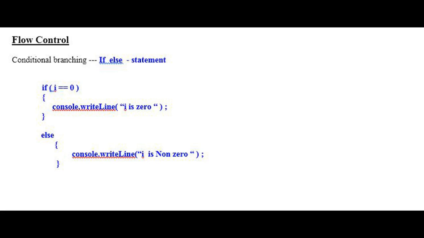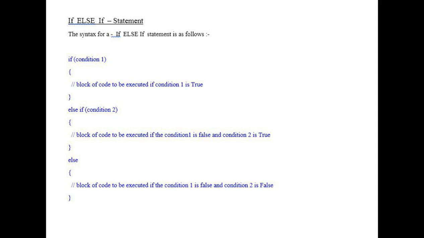C# also allows us to specify a new condition in an if statement. If the first condition of the statement is false, we can use the keywords else if to specify a second condition, or even a third or fourth. Let me just bring up this document. Here we have an if statement, and we are evaluating condition 1.